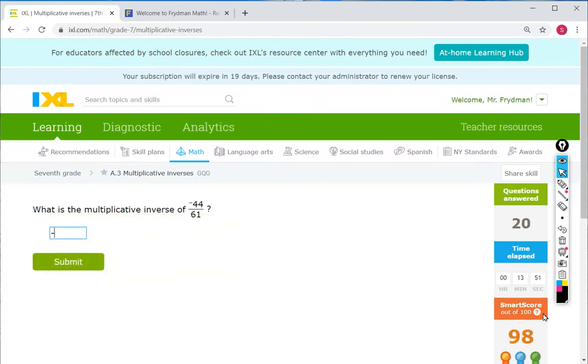Here we'll get negative 61 over 44. Last one. Okay, let's see if I can get a perfect score. I don't think I made any mistakes yet, right? Let's see how I do. 11 over 73, and then hit submit.